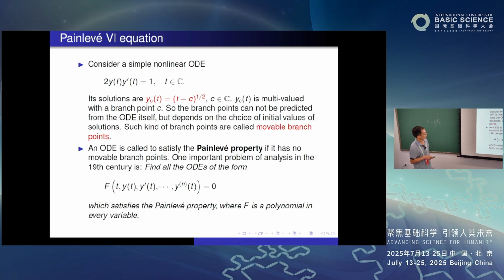One important problem of analysis in the 19th century was to find all the ODEs of this form which satisfy the Painlevé property. Here, capital F is a polynomial in every variable.